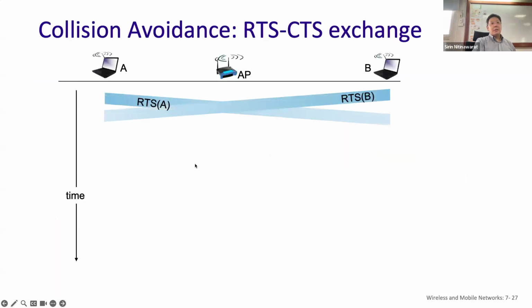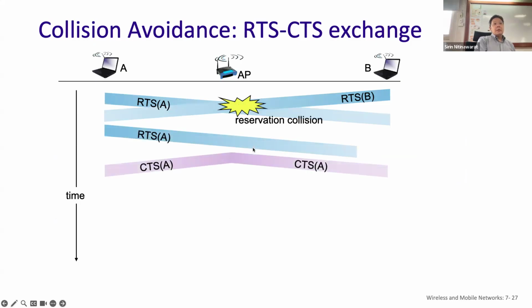So if there's a collision, both will back off, and for the new opportunity to send, it could happen that only one sender is trying to send. In that case, user A will send the request to send frame again. If it is received successfully at the access point, the access point will broadcast clear to send to all the devices in the subnetwork.